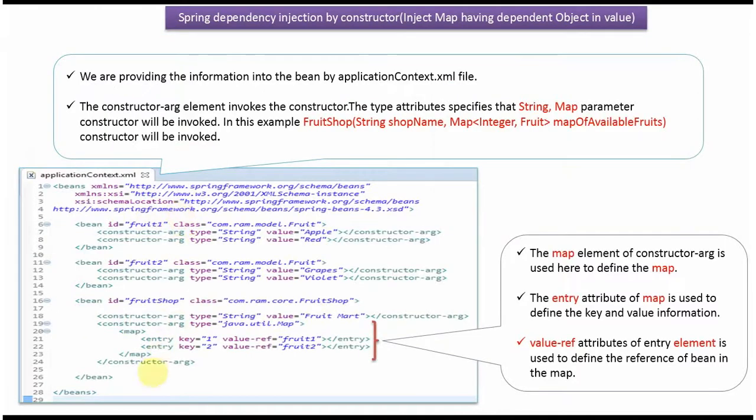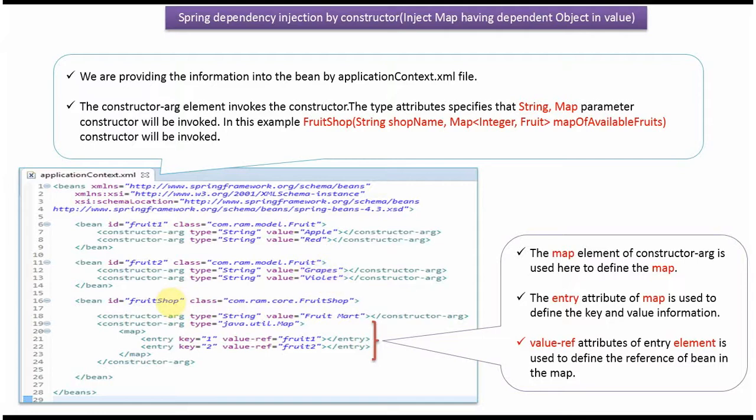This is the Spring configuration file. Here we have specified, using constructor dependency injection, fruit1 object, fruit2 object, and fruitShop object should be created by the Spring container. The fruit1 object name should be apple and color should be red. The fruit2 object name should be grapes and color should be violet.